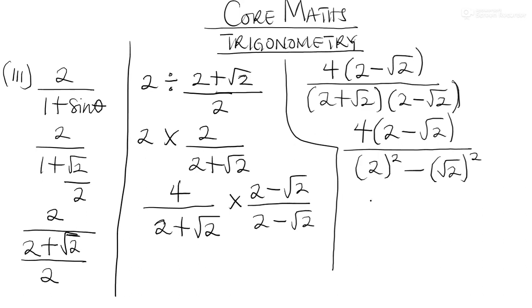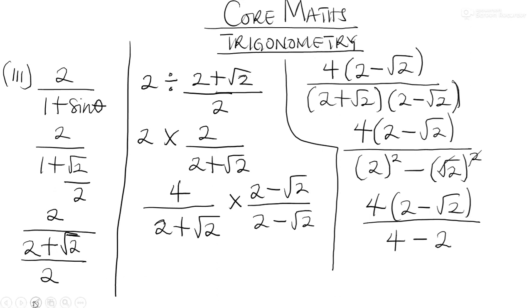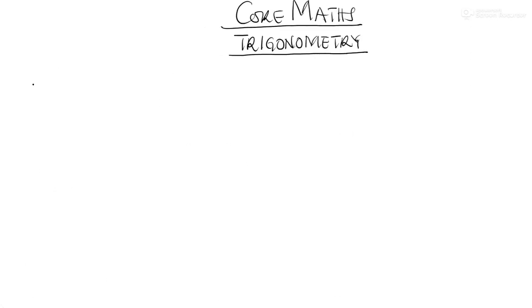So now we are going to have 4 into bracket 2 minus root 2 all over 4 minus 2, because this square root and the 2 will go. So finally we are going to have 4 into bracket 2 minus root 2 over 2.